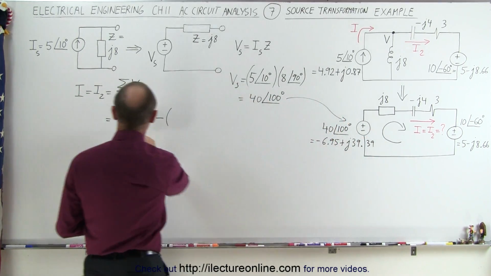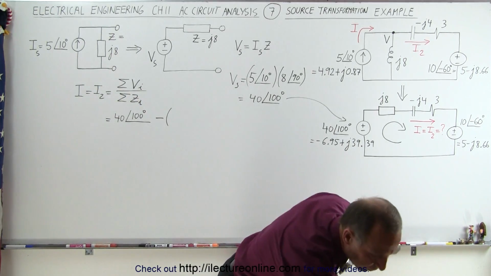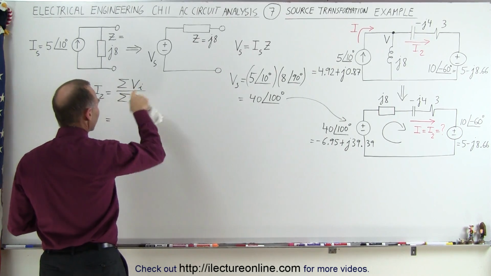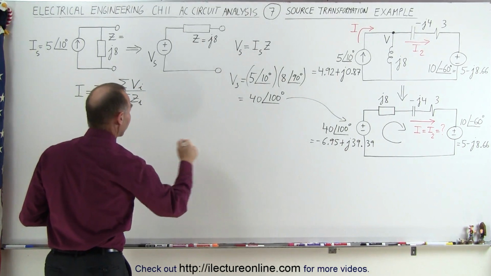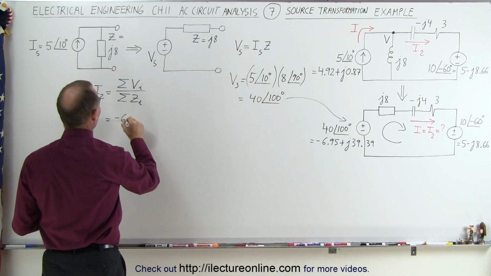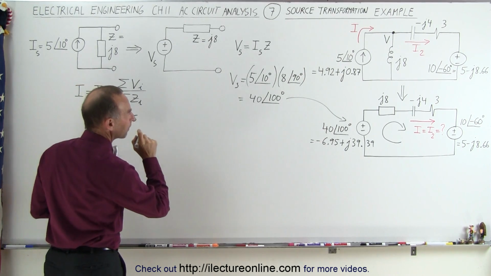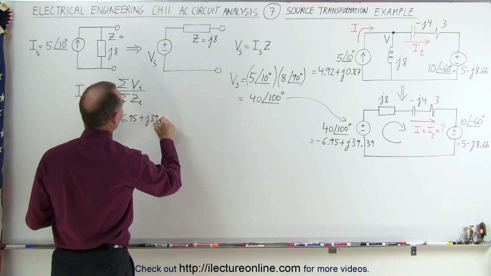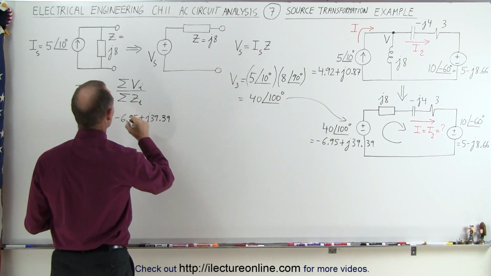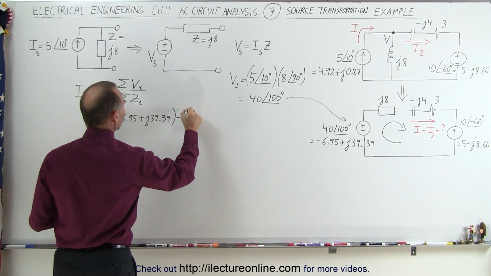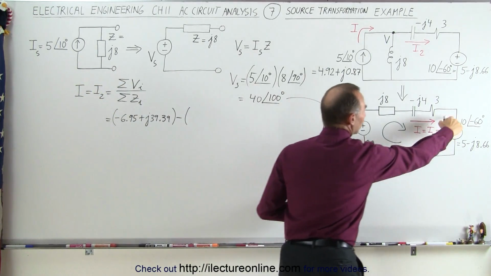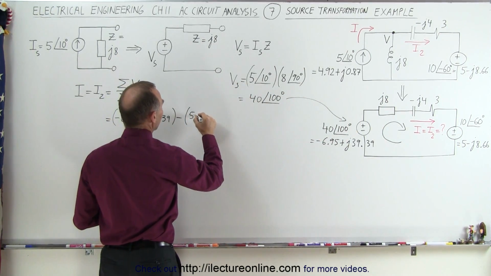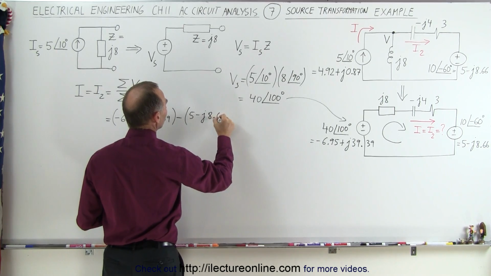So instead of writing it like this, to save ourselves a little bit of time, because we have to subtract the two, we're summing them up, we're going to write this as minus 6.95 plus J39.39, and then we subtract from that this voltage right here, because we're going from the positive to negative terminal, and that's going to be 5 minus J8.66.